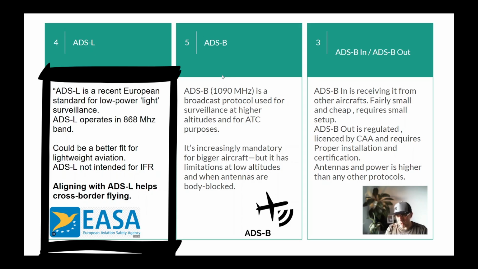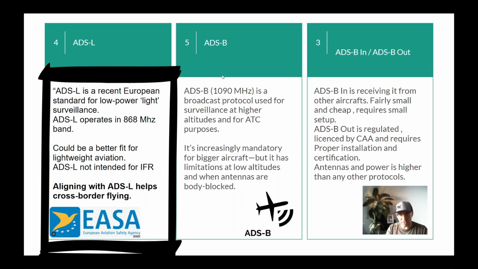It's a derivative of ADS-B and uses a subset of its features, but it's nothing like it in terms of interoperability. It's not compatible with ADS-B because the frequency it operates on is different: 868 megahertz, as opposed to 1090 megahertz.